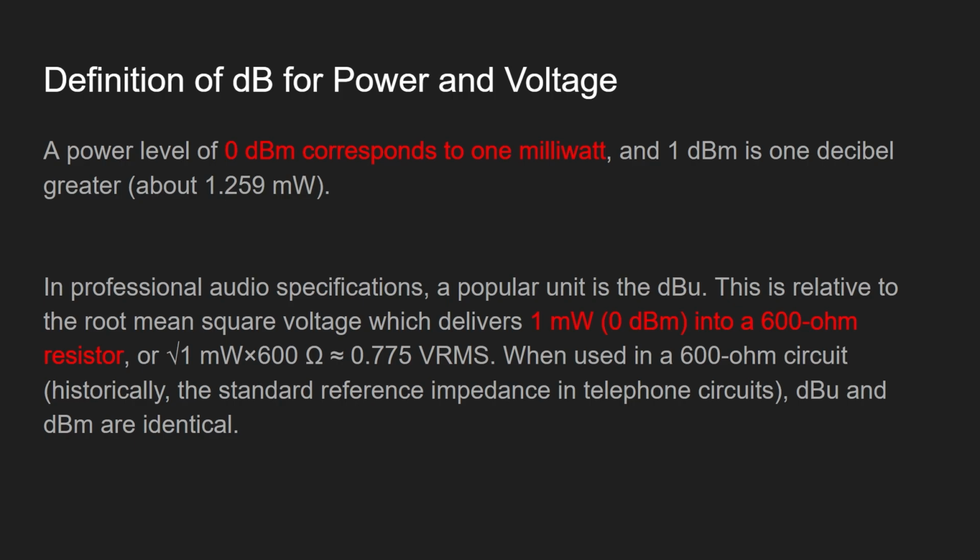So that's why they take this number as the magic number. But you don't have to remember this in your exam. Just remember that 0 dBm has a reference of 1 milliwatt. Historically this reference came from telephone lines.